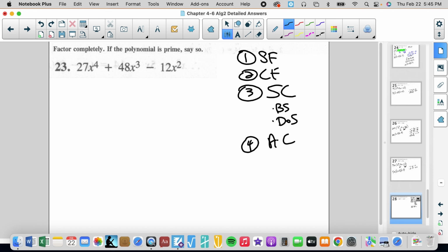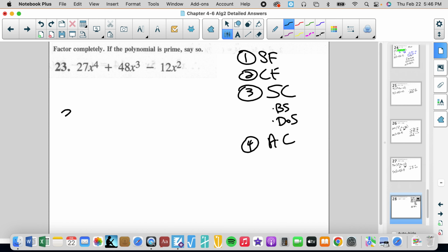And those are going to shift down one more. Standard form is going to be 2, common factor is going to be 3, special case is going to be 4, a times c is going to be 5, because we'll do something a little bit different. We'll add one more initial step.